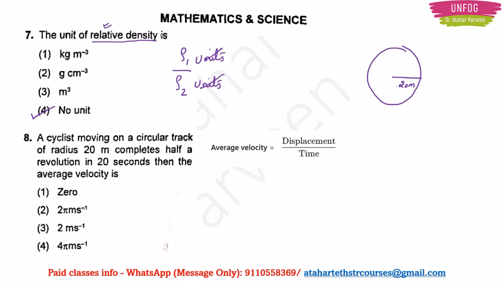The cyclist completes half of the revolution in 20 seconds, means till half, till here the cyclist took time 20 seconds. So initially the cyclist was here, after 20 seconds the cyclist is here. We have to find the average velocity.